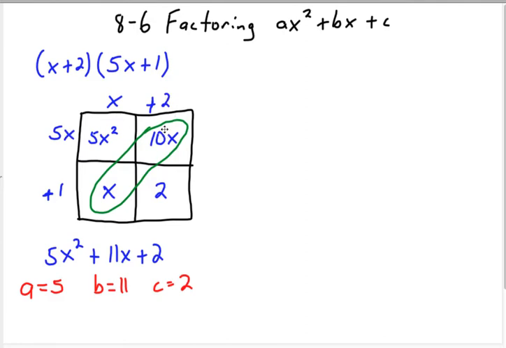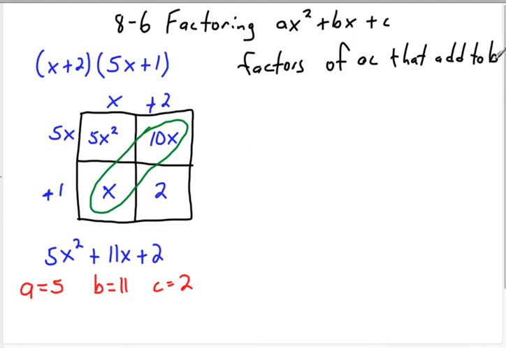Okay, so regardless of how or why it's different, we have to have some different techniques for this type of problem. So the first technique is we need to find a, b, and c. That's the same. The second thing where it's different is we need to find factors of ac that add to b.